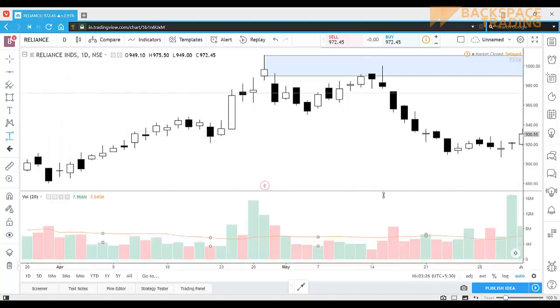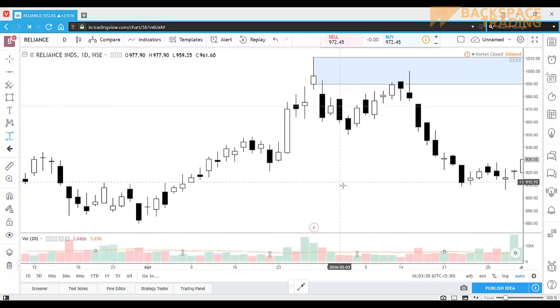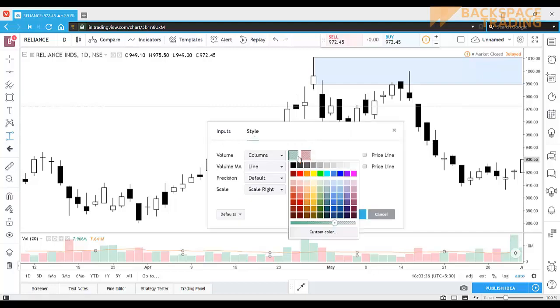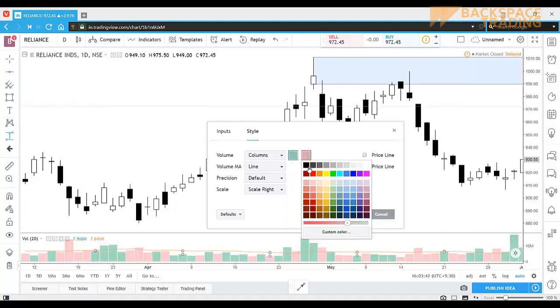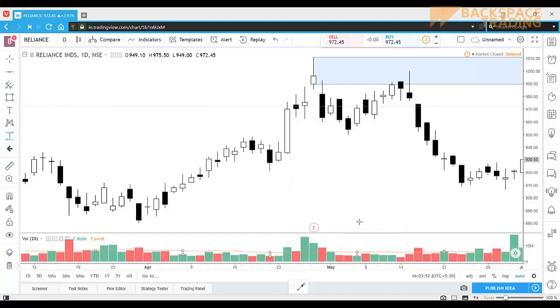Okay, now price is up, volume is down. I need to change the color as well. Maybe you cannot see it. Let me make it a bit darker, and let me make this a bit darker as well. Now I guess you can see it very efficiently. Yeah, this is better.